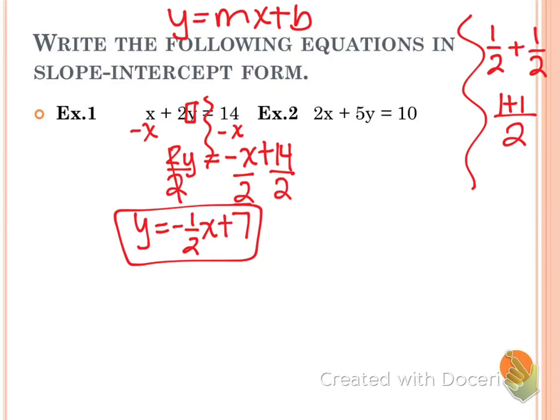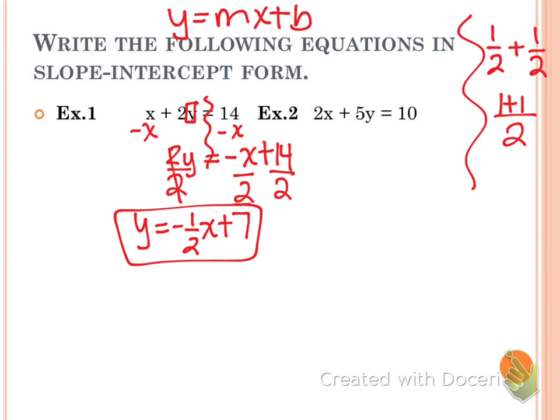So now it's in slope-intercept form. So the things that have changed for us from when we did this before is that we have to write it with the x coming first. And when we divide, we split up our denominator, what we're dividing by, so that we can simplify.